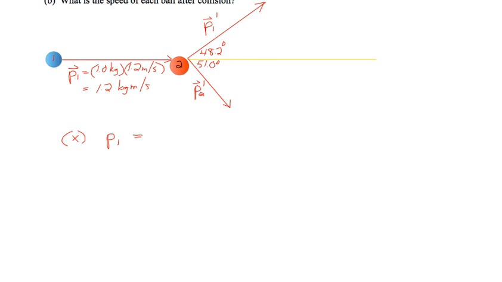So what should I write down? P1 prime times what trig function? Cosine of 48.2 degrees. And then it's going to be plus, because both of those vectors are to the right, P2 prime times what? Cosine of 51 degrees.